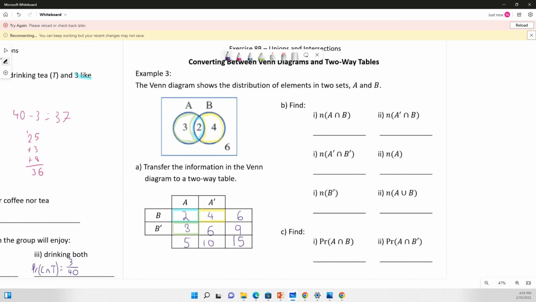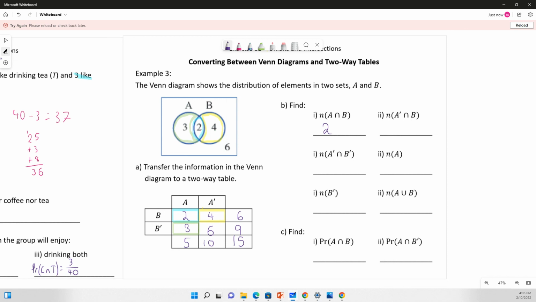So this is about the number of elements that are in both A and B, the intersection of A and B. So you can read that one off. That is 2. Now we've got the number of elements that are not in A, the complement of A, and are in B. So it's up to you which one you find easier to read the information from.